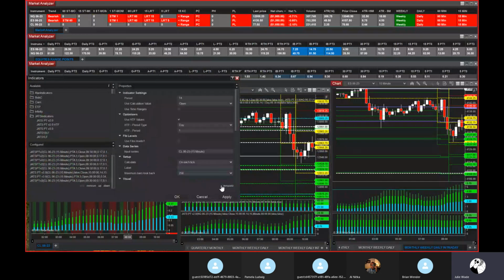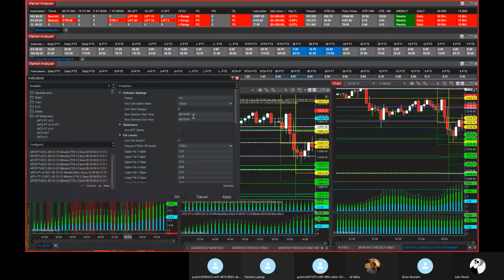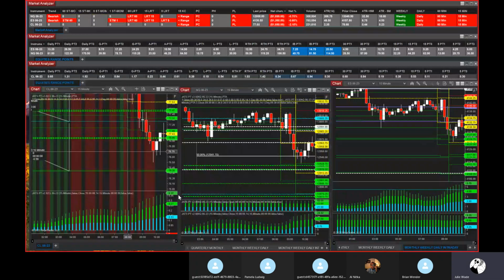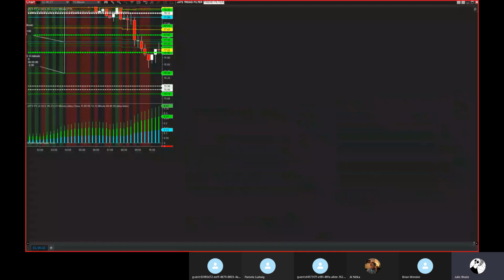So I'll overlay a 1-hour close and make it 10 to 11. Leave the fibs on. And that gave us some extra levels.